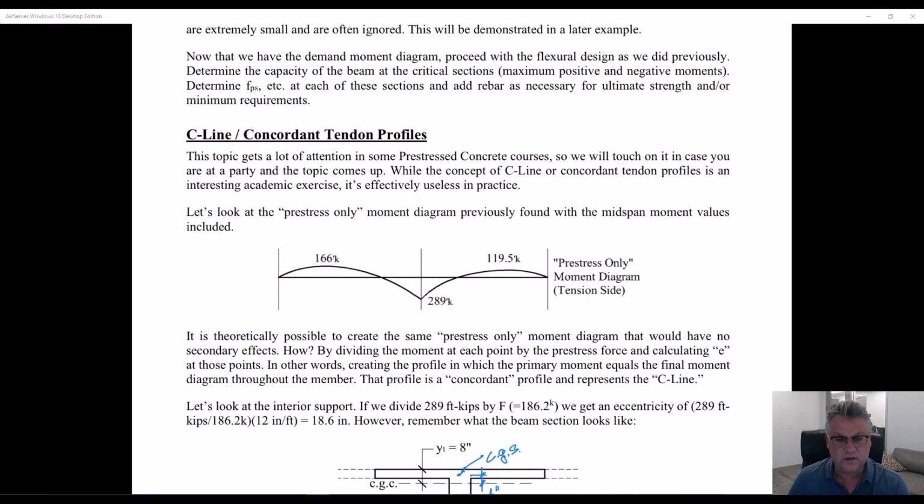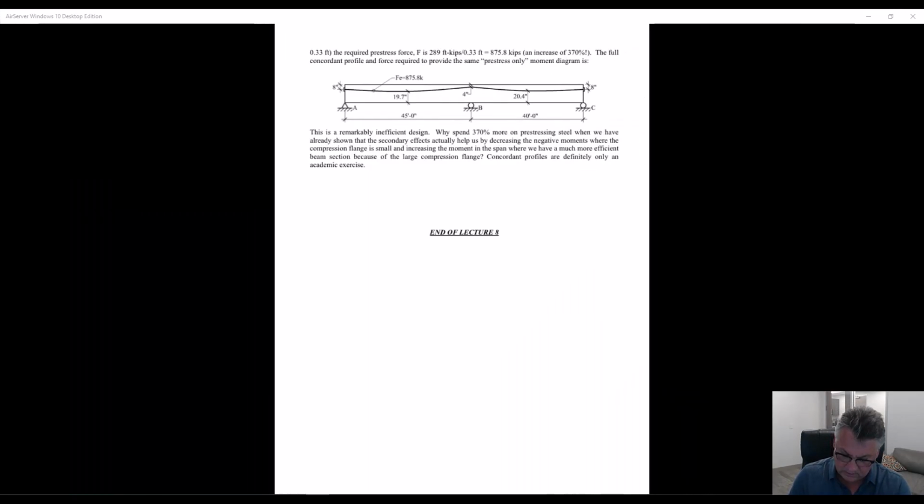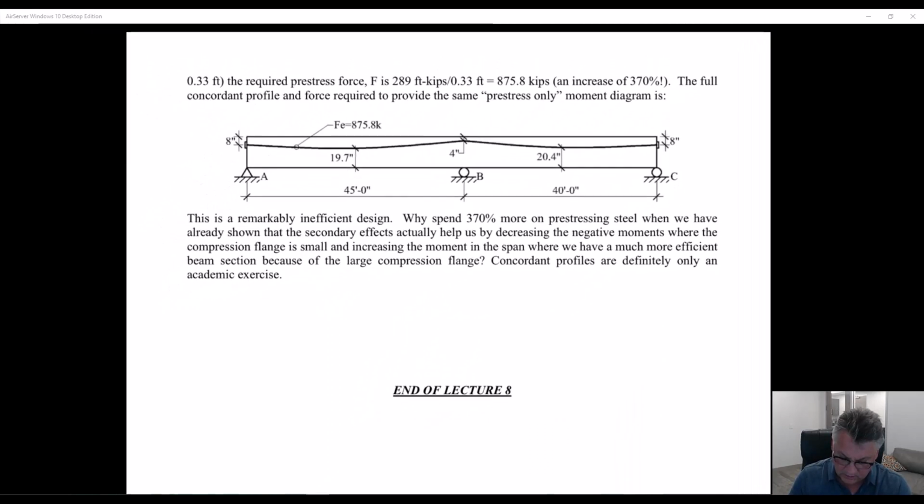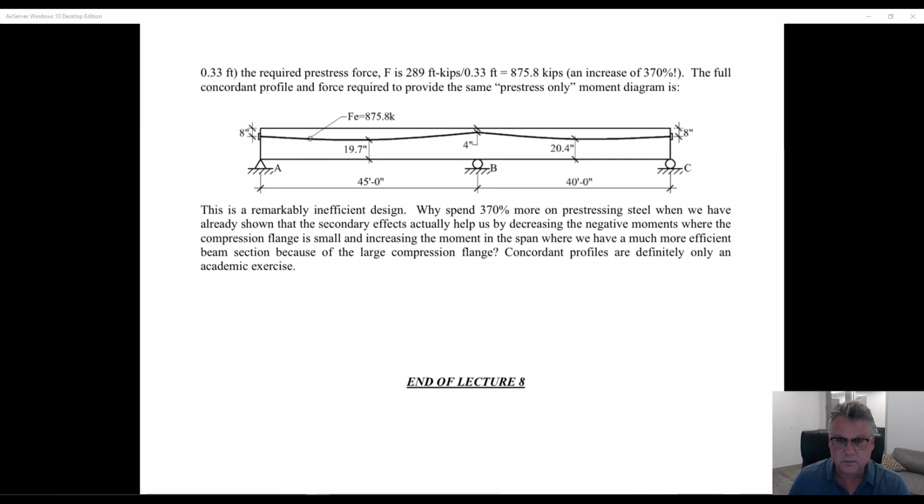The difference is it would also give us 0 secondary effects. So when I calculate the balance loads here, put them on the primary pre-stress moment diagram, the final pre-stress moment diagram would be the same thing. This profile eliminates secondary effects.